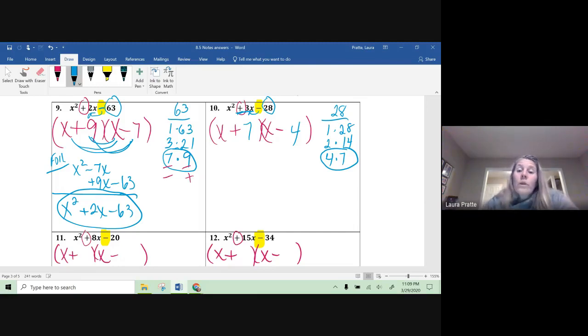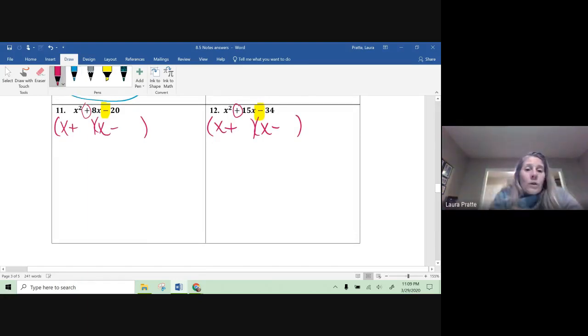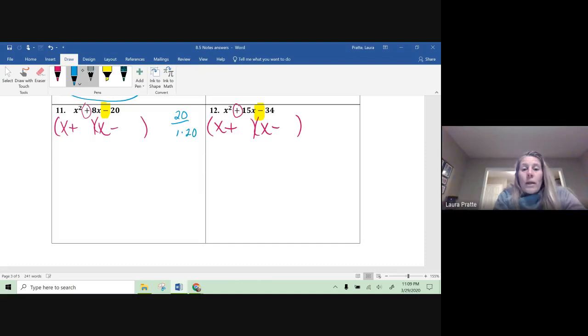All right, so let's do the last two on this page. The factors of 20: I have 1 and 20, 2 and 10, 4 and 5. And of course, this time I have a subtraction sign, so I need to know which of those pairs is going to subtract to give me an 8.